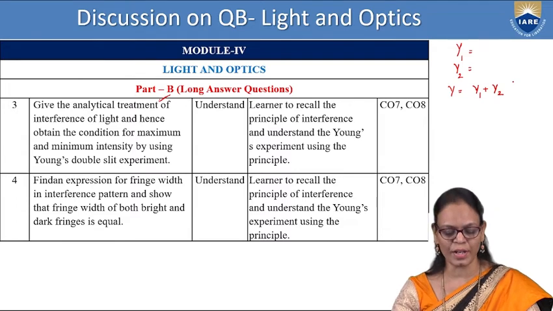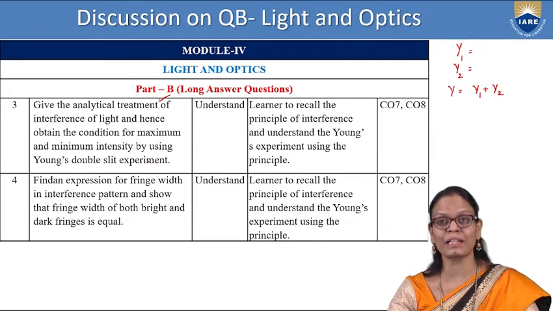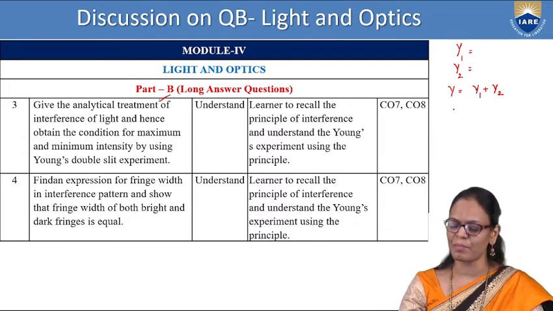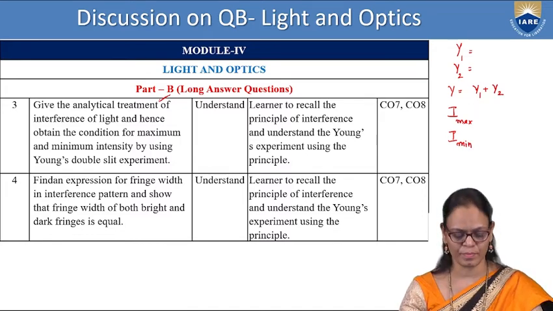Then you derive the condition for maximum intensity and minimum intensity, that is, you derive expressions for I max and I min. All of these you will have to derive.